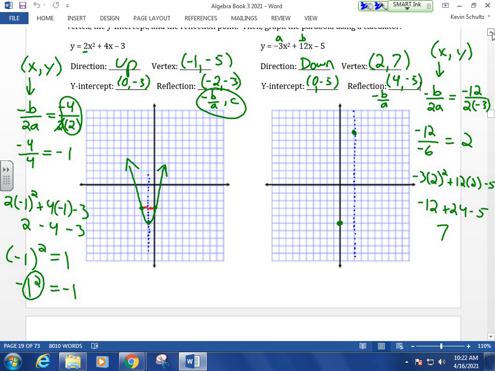You'll notice our reflection point should be, based on what we wrote, 4, negative 5, which is right here. We can verify that's the correct spot because if you found it using the axis of symmetry, you'll notice that our y-intercept is 2 units to the left of the axis of symmetry.